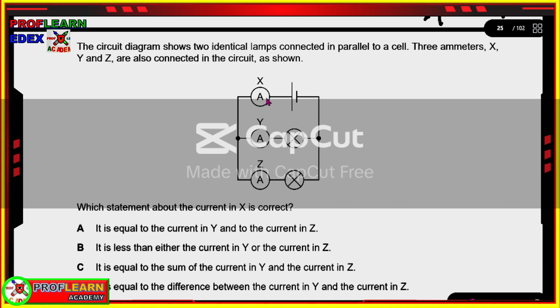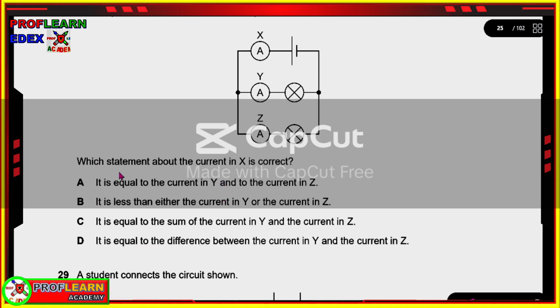So when current flows through, that current is going to be greatest here, then it will be split. Is it equal to the current in Y? Not quite. Less than either the current in Y or the current in Z?